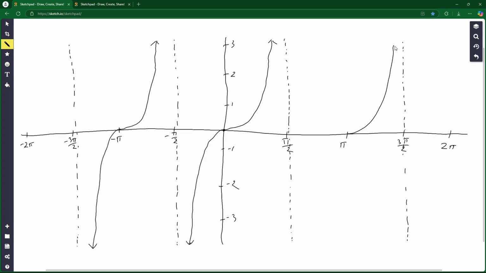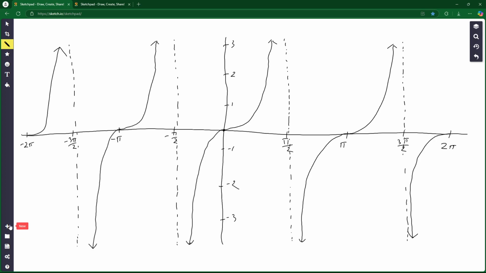And one more. And then I guess we can also do this. So this is what tangent generally looks like.